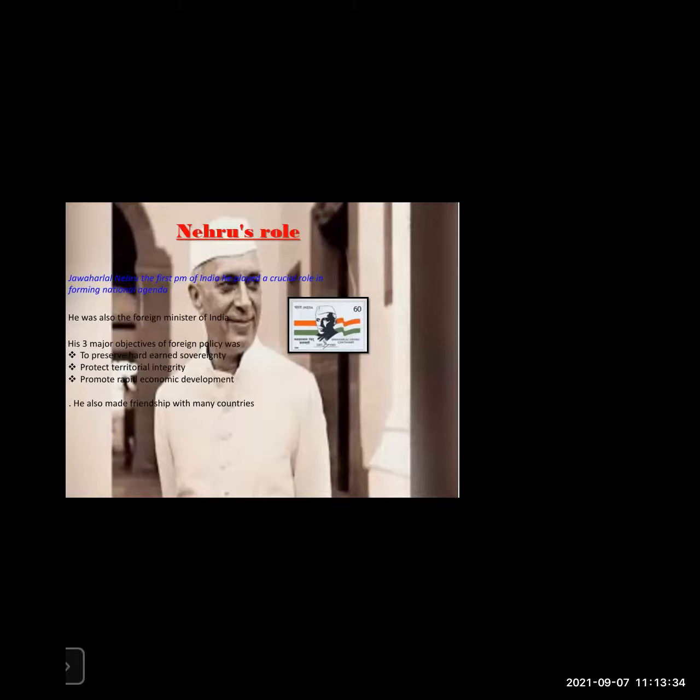He had three major objectives of foreign relations: to preserve the hard-earned sovereignty, to promote territorial integrity, and to promote rapid economic development.